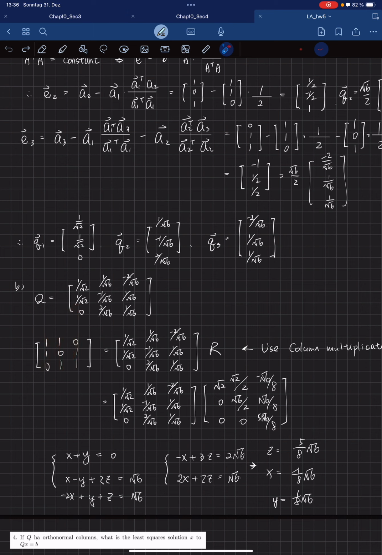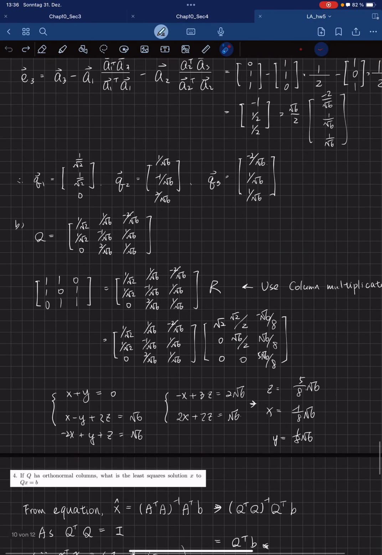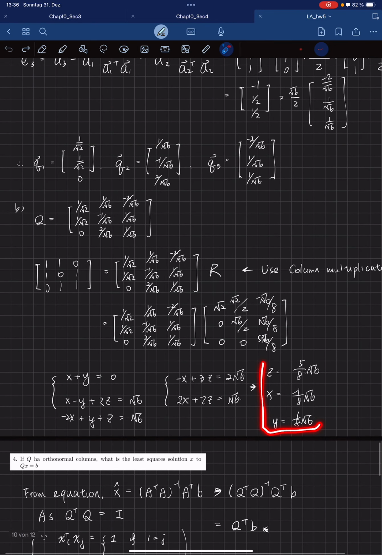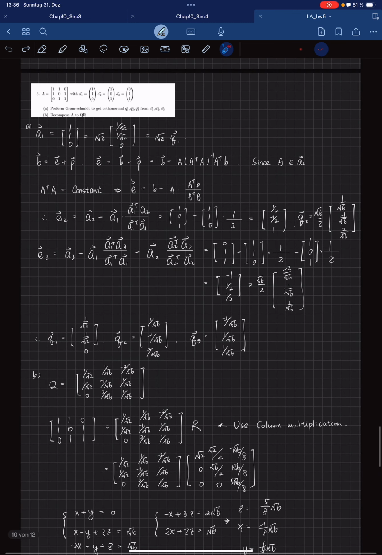Right. But the third column is a bit too complicated, so we set the variables x, y, and z and compute these three variables directly, and this is our result. So if we plug these back in, we have completed our search for R, which is this matrix over here. And this is question 3 finished.